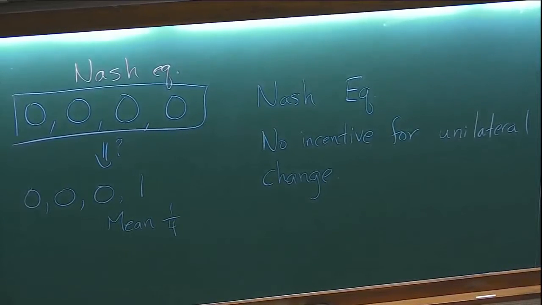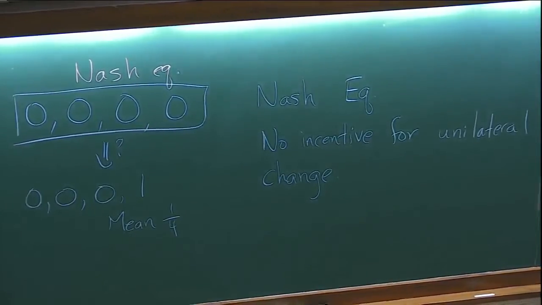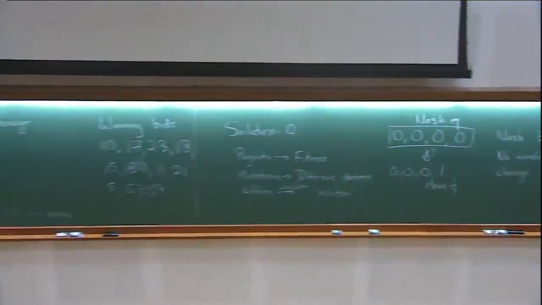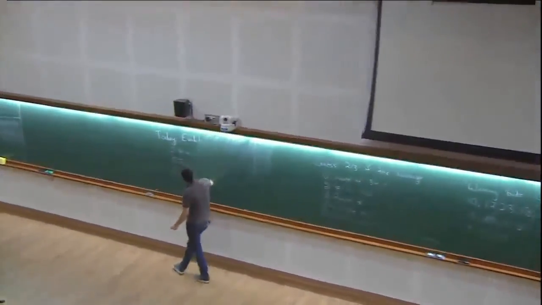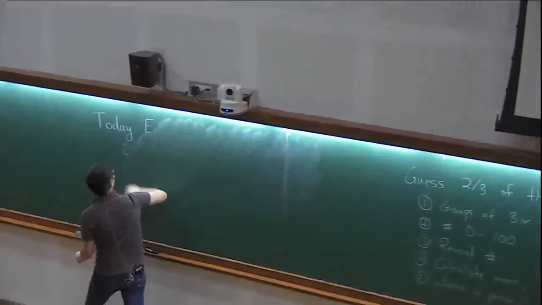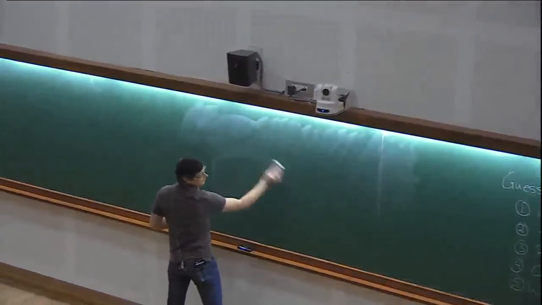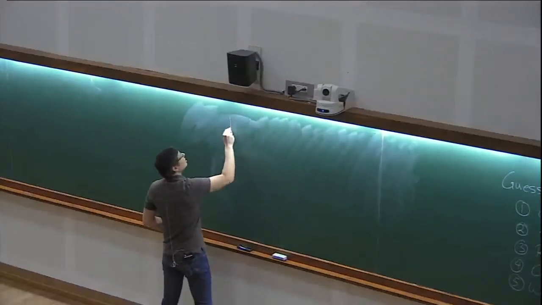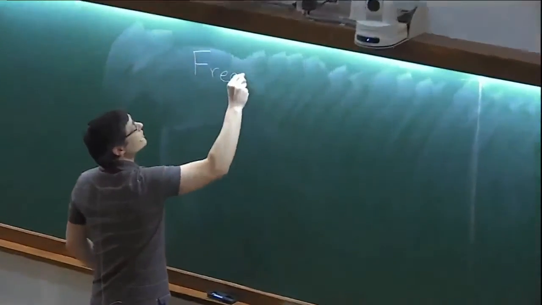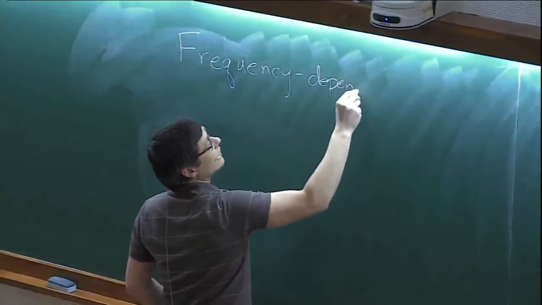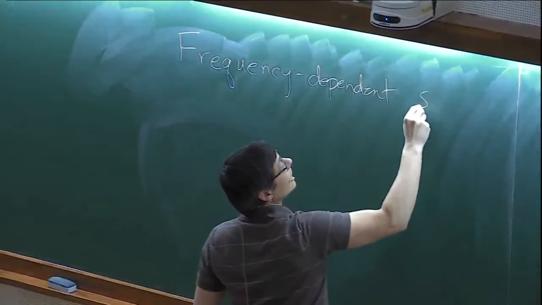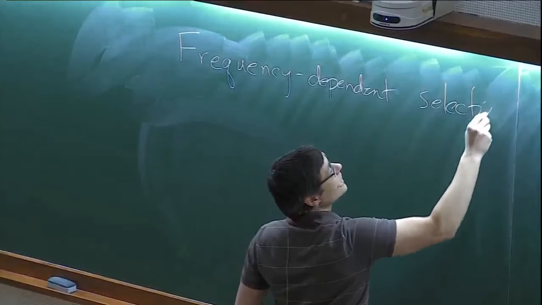All right, now what we want to do is think about this phenomenon of frequency-dependent selection, just because this is maybe an alternative way of thinking about many of the dynamics we're going to be talking about. And like always, it's good to think about a given phenomenon using different perspectives. Right, so this is frequency-dependent selection, which is something that Paul was talking about. Actually, both Pauls, frankly.